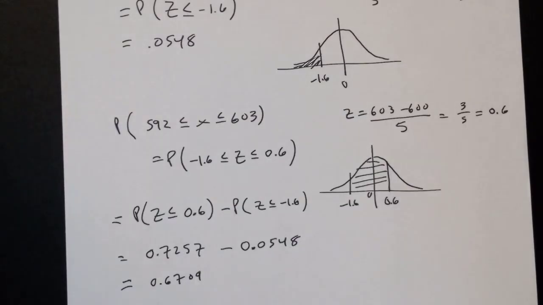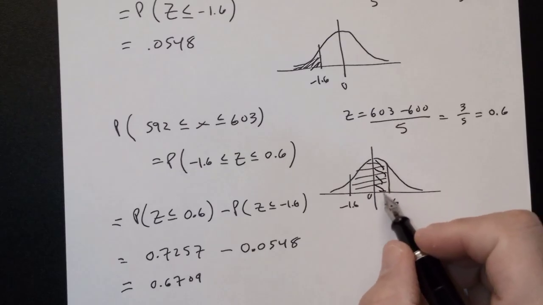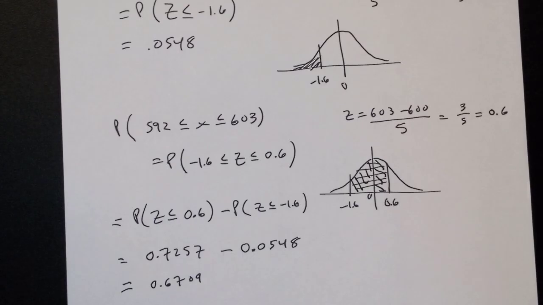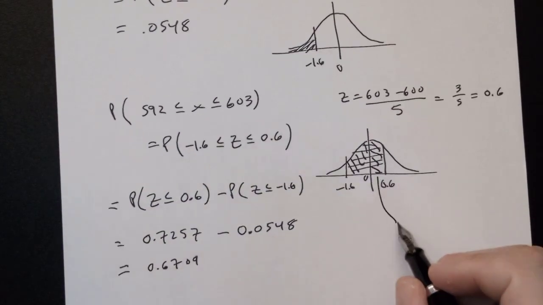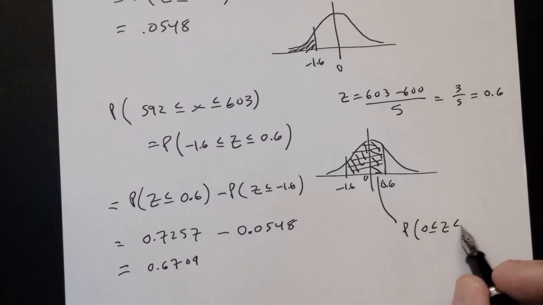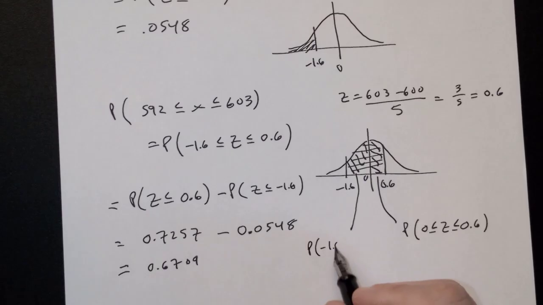So another way I could do this would be to split this and look at this side separate from this side. And I could think of the side on the right and the side on the left. And I'd add those two together.